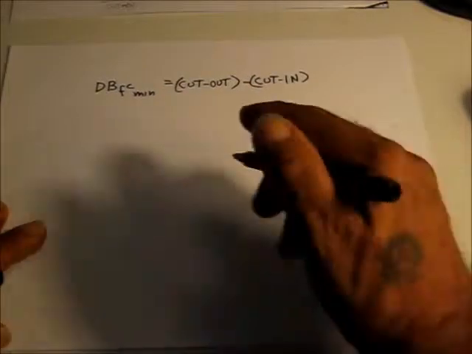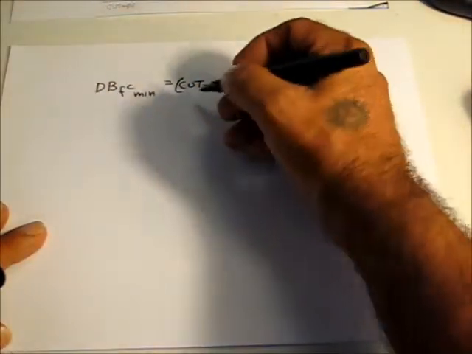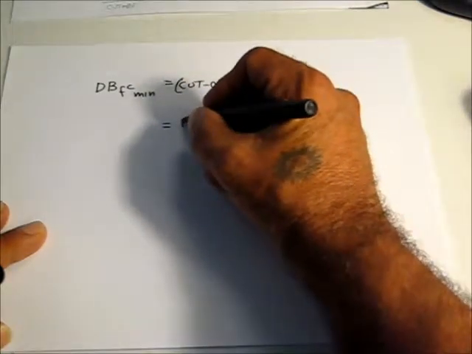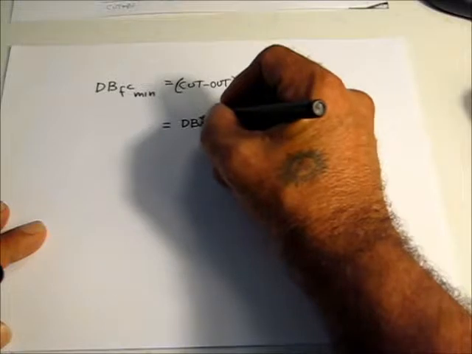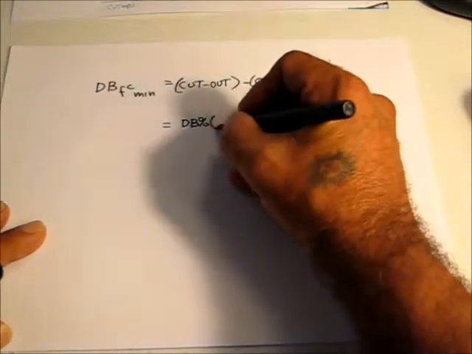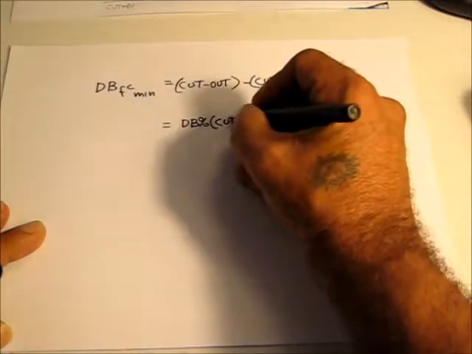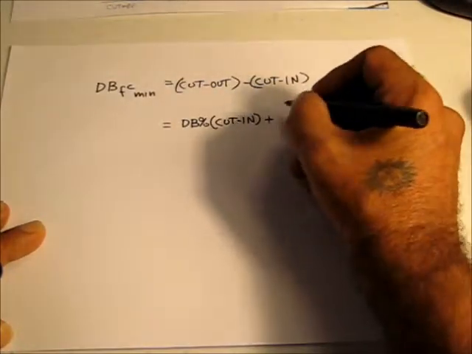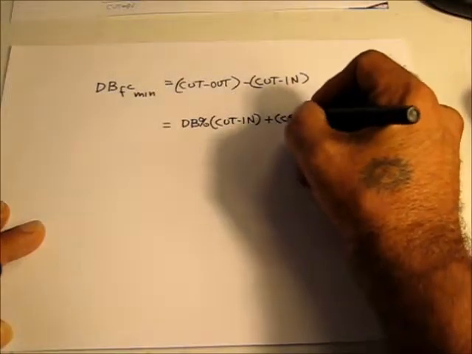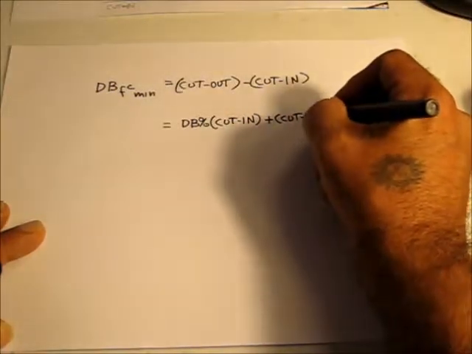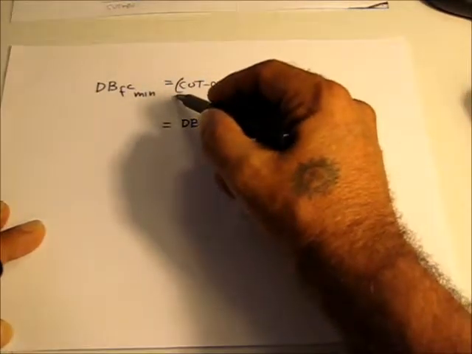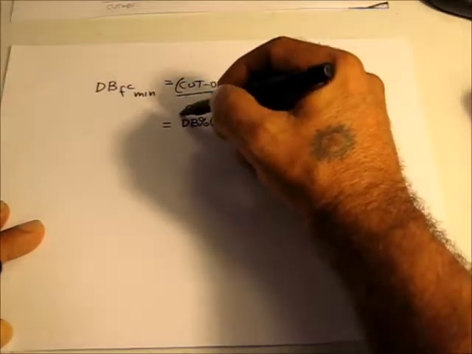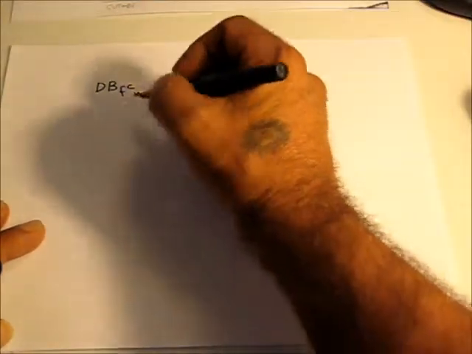All right? The manufacturer tells us that cut-out is equal to deadband percent times the cut-in plus the cut-in. And we're going to substitute that for cut-out, right? Because we know that that's what cut-out is equal to.